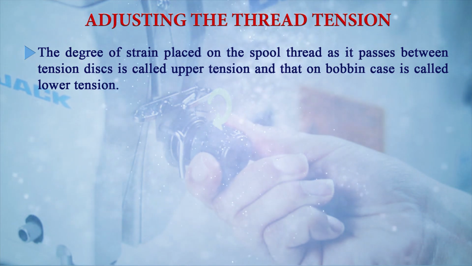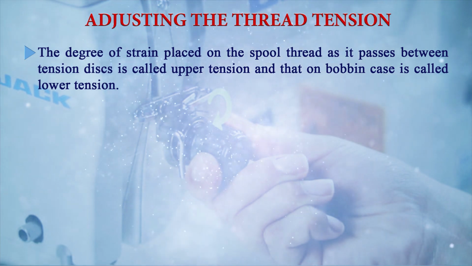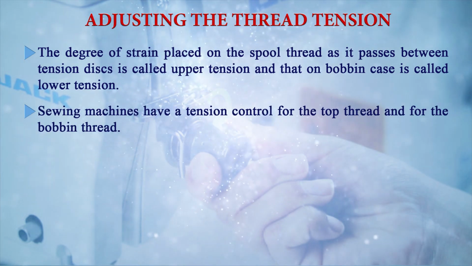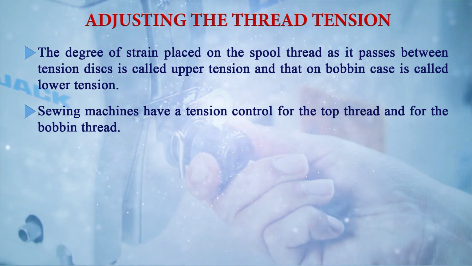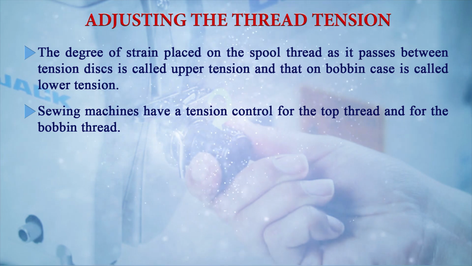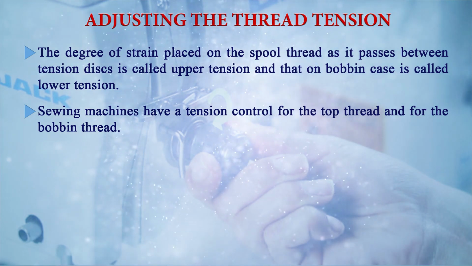So it is the upper tension, and on the bobbin case it is called the lower tension. The sewing machine has a tension control for the top thread and also for the bobbin thread. So we should check both the upper tension and the lower tension, that they are in the proper position.